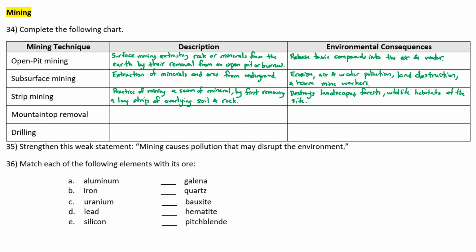This in turn leads to soil erosion and destruction of agricultural land. Okay, so trees, plants, and topsoil are cleared from the mining area.